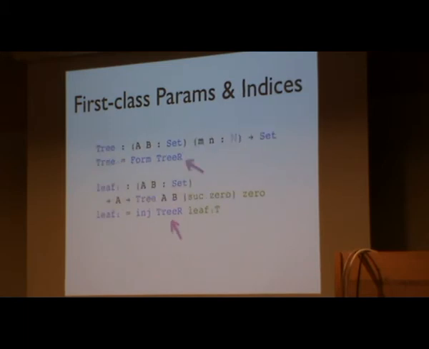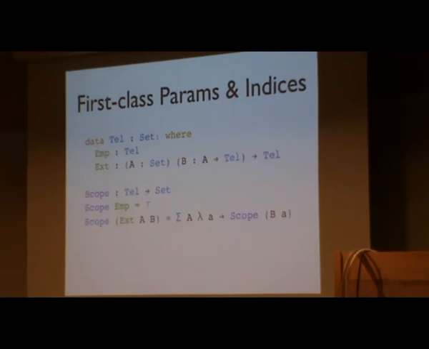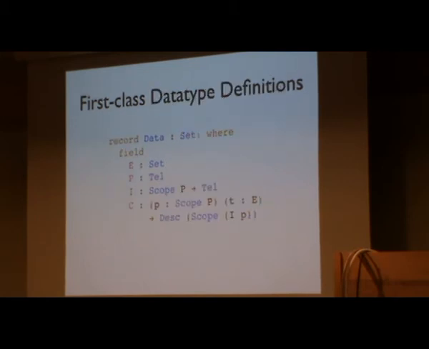And what we want instead is some single description, which I call R, because it's going to be a record. Sort of the long story short is we can create a first-class notion of a telescope used to encode the parameters and indices, as well as the constructor arguments. Turn that into a data record, which stores the parameters, the indices, and the constructors.